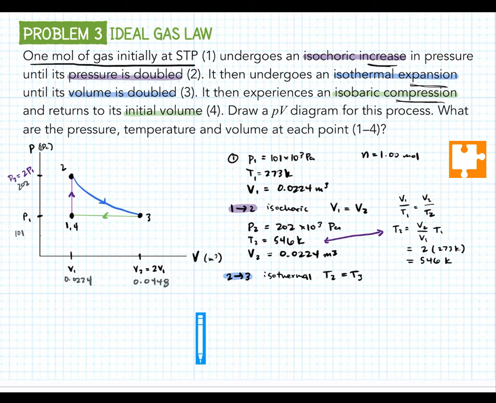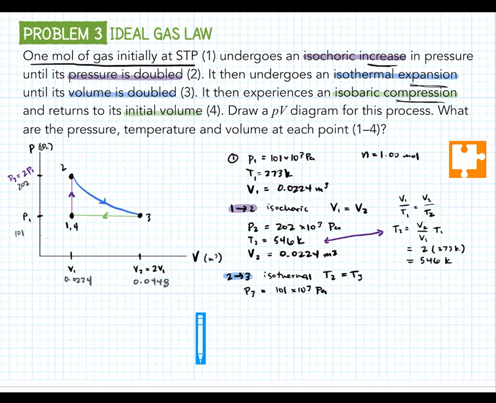So from 2 to 3, our P3 is going to be equal to 101 times 10 to the third pascals, because you can just read this off the chart here.